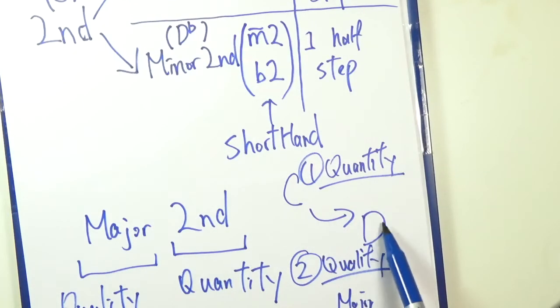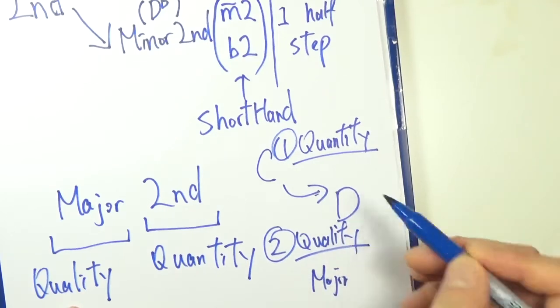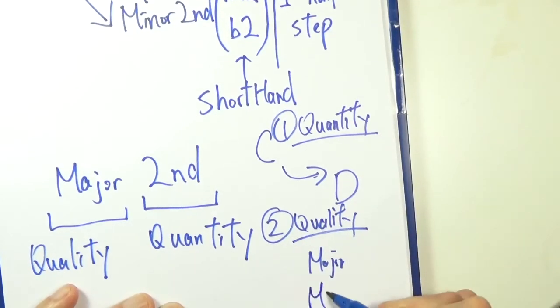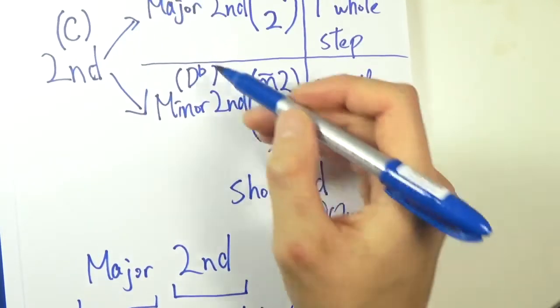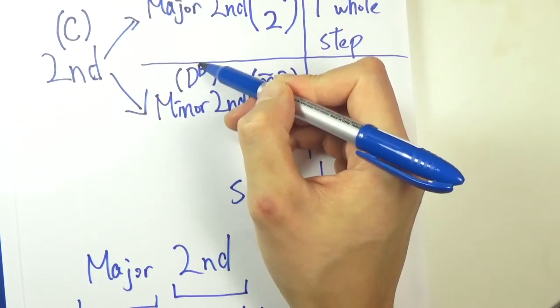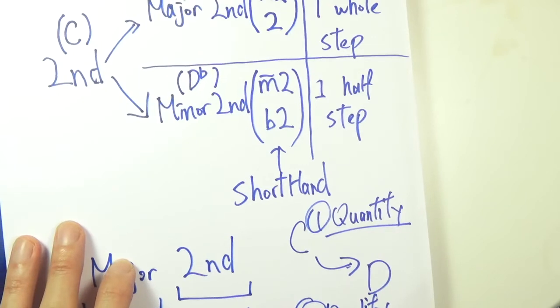So after the first step here, this first step is the same here. And if you're looking for a minor second, you have to make sure you get only a half step. So we'll put the flat next to the D, making it a D flat. All right.